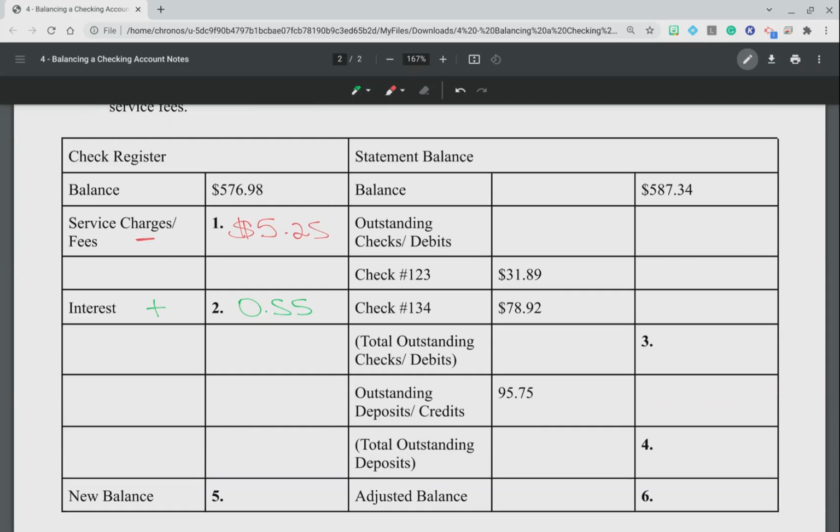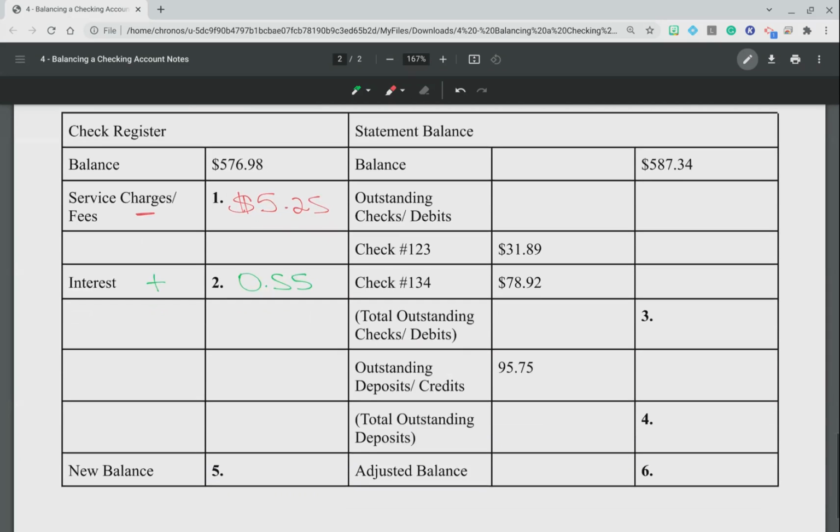All right, so we want to know the total outstanding checks and debits. So I'm going to look at my checks, and I'm going to do $31.89 plus $78.92.